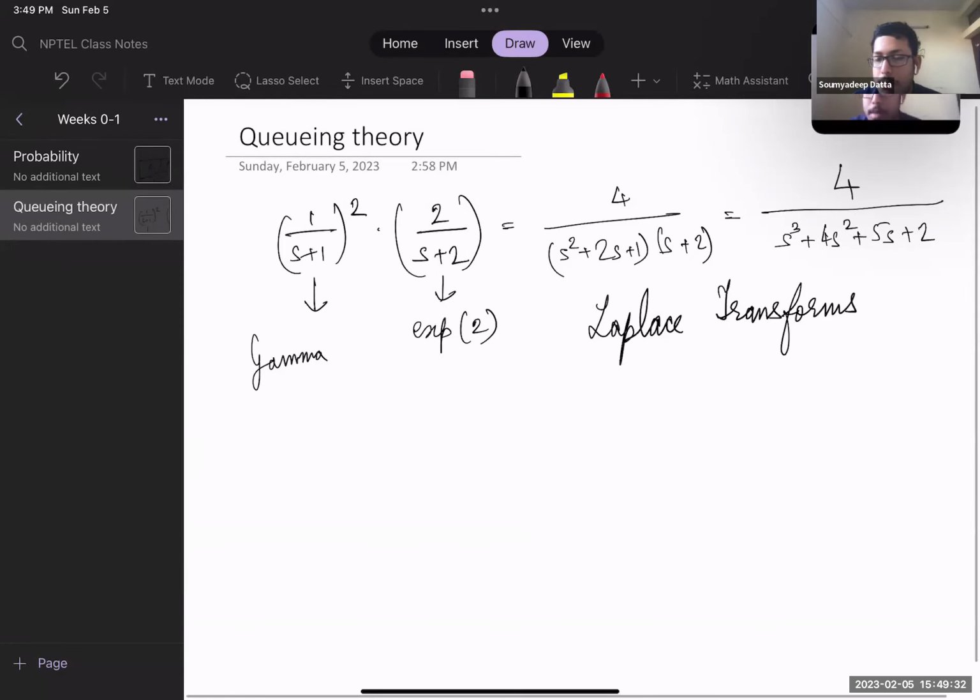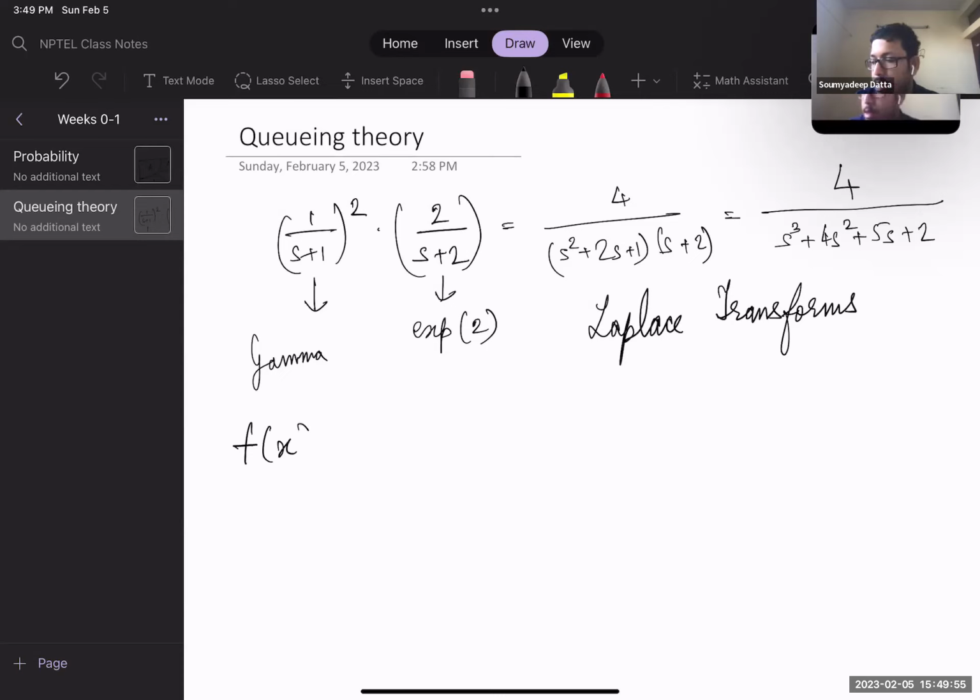Laplace transform is nothing but, let's say you have some function f of x.